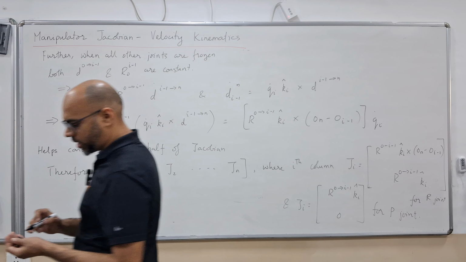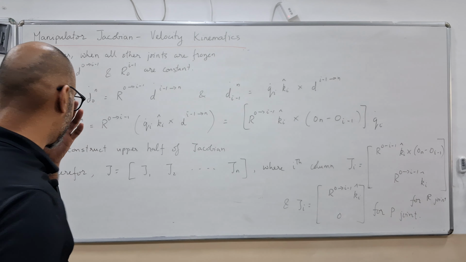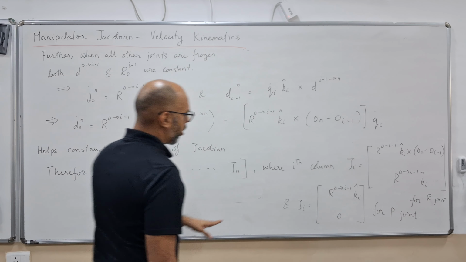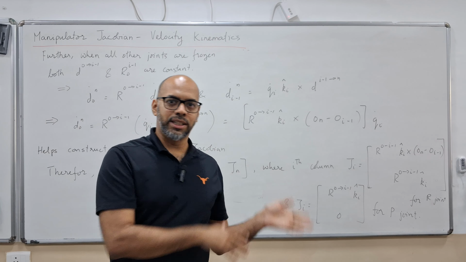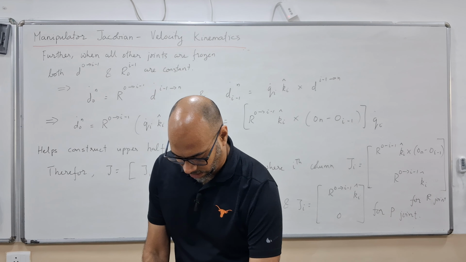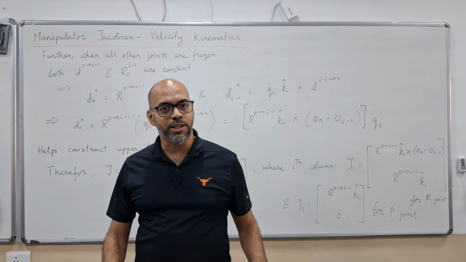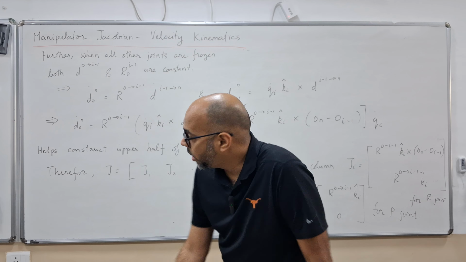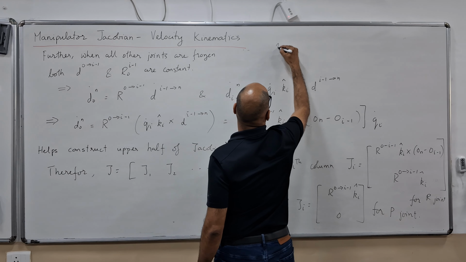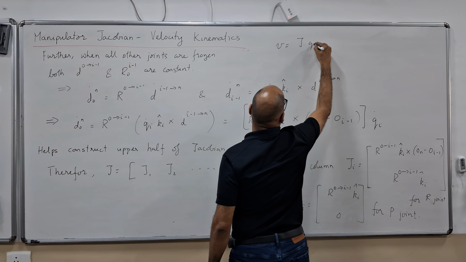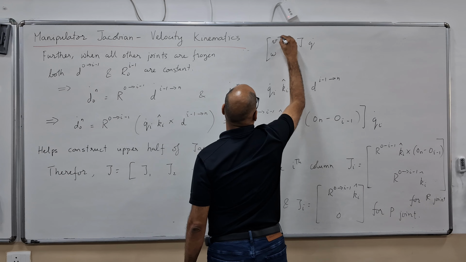Now this helps us come up with the standard recipe for constructing the Jacobian matrix, and to get all these rotation matrices we will have to revert to using DH parameters and constructing them in a standard way. Once this is done, this matrix, as I said, is extremely useful. It's not only helpful to relate velocities, so really V is equal to J times q dot, or actually it's V and omega.